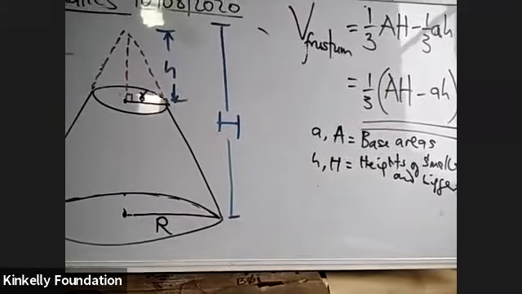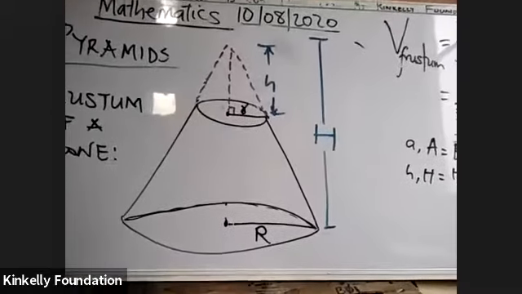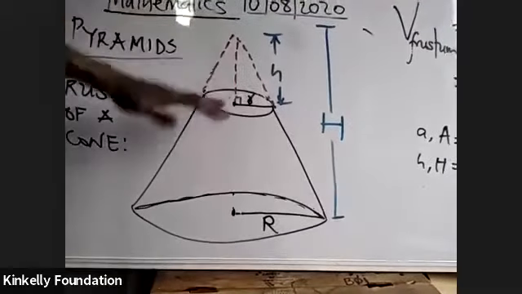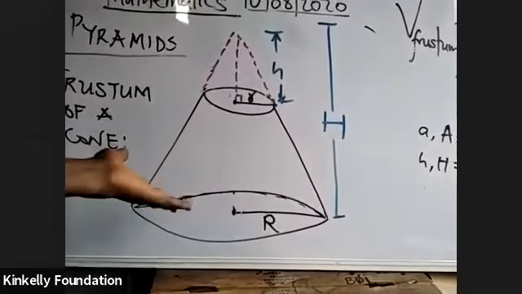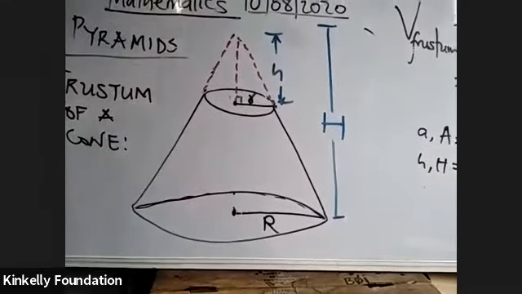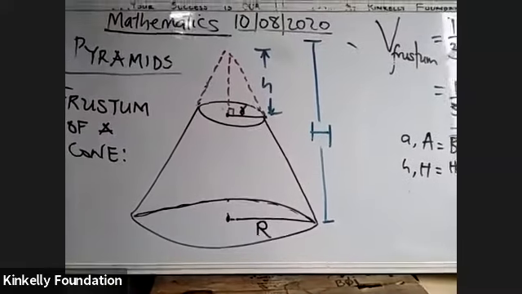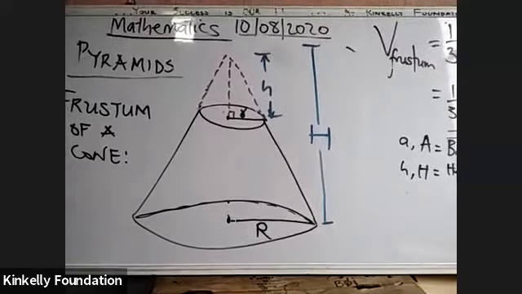This is a frustum of a cone. Notice this is the cut out region, and this is the frustum. It's just an example of the buckets we use in bathing, our lampshade or reading lamps.